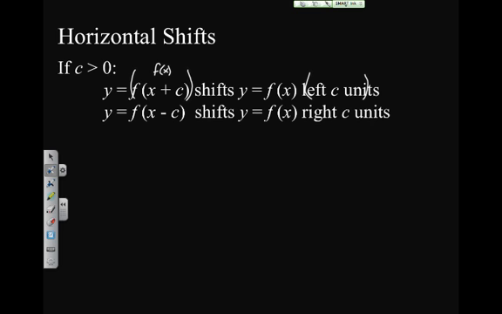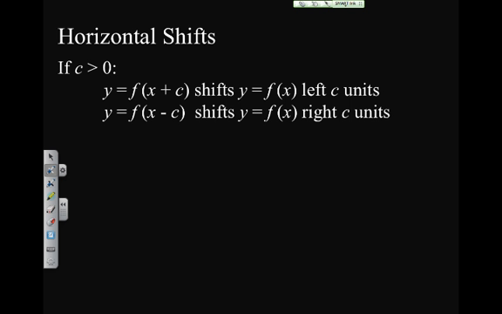Now horizontal shifts. When we move things left and right, we're no longer adding something to or subtracting from the entire function. We're now going to add to the x value inside the parentheses. Remember that anytime we deal with x's, this is moving us left and right because the x-axis goes left and right.